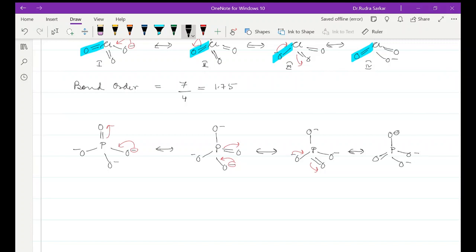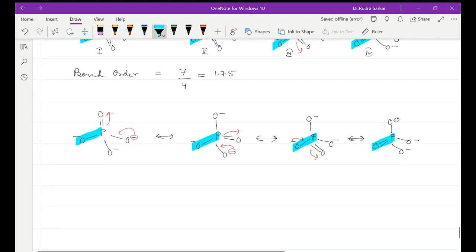4 resonating structures. Choose any of the oxygens and the phosphorus atom. So if I have chosen this one, this one, this one and this one like that, I can already see 1, 2, 3, and over here we have 2 more bonds.